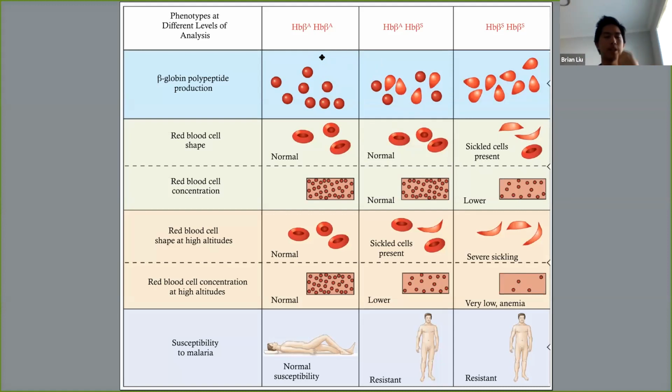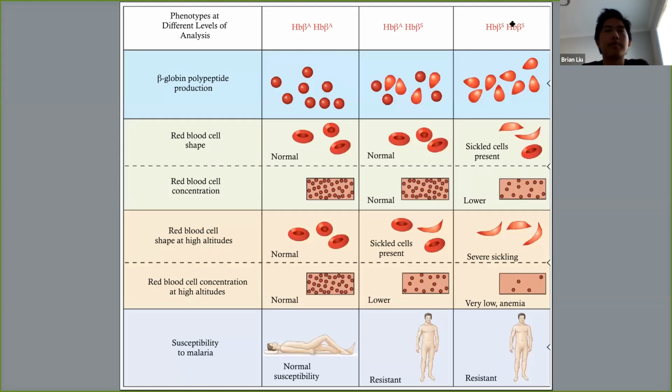We get one allele from the father's genome and one allele from the mother's genome, and so a normal blood cell would have these alleles, HB beta A, and then this is with sickle cell anemia, with one allele being the sickle cell allele, and this is with both alleles being the sickle cell allele.